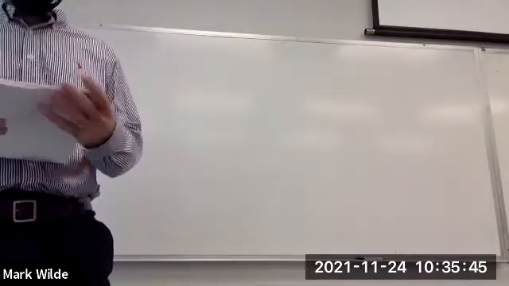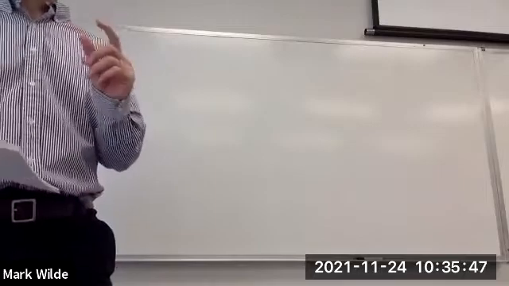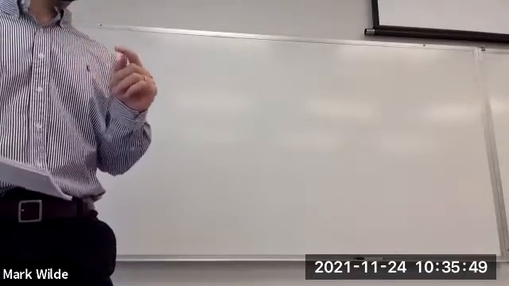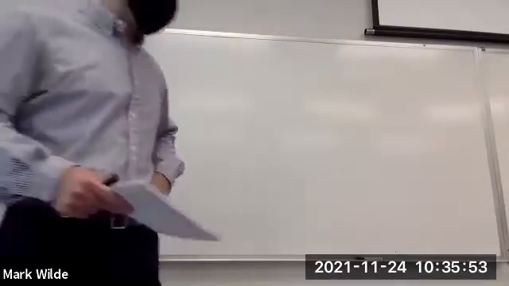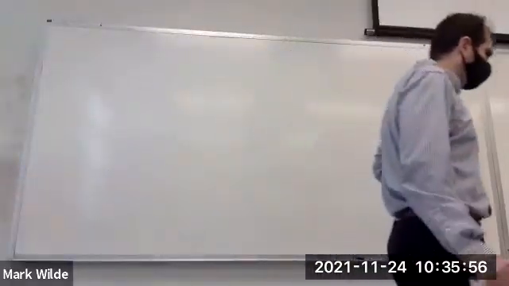But each of these communication tasks occupies like a whole chapter in the book, right? So entanglement-assisted communication, I believe that each of them are almost 100-page chapters. And so we're really just giving you a taste of it.